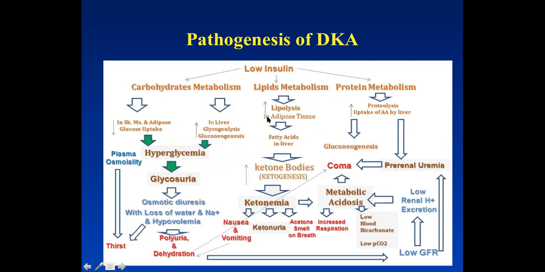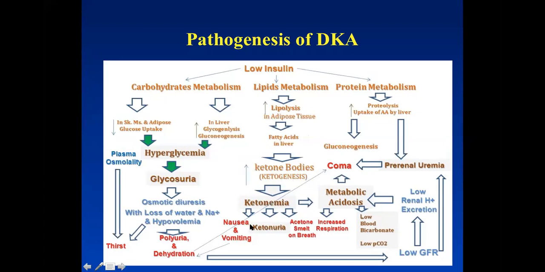That is mainly because of lipid breakdown of adipose tissue, lipolysis. So when there are low insulin levels, lipolysis is increased, causing breakdown of adipose tissue, which releases a lot of fatty acids, and these fatty acids go to the liver and undergo fatty acid oxidation, causing formation of ketone bodies.